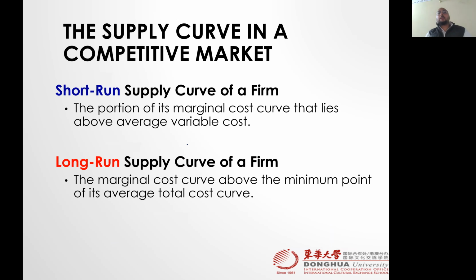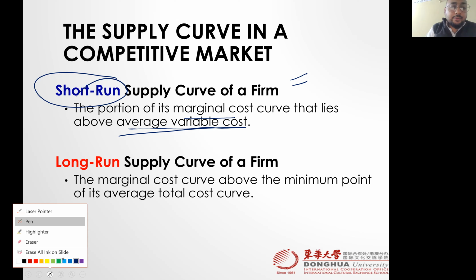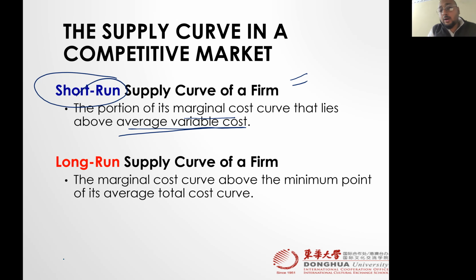Now, let me remind you of a summary about the supply curve. We talked about that. The portion of the marginal cost curve that lies above the average variable cost is the short run supply curve. The long run supply curve of a firm is the marginal cost that lies above the average total cost.